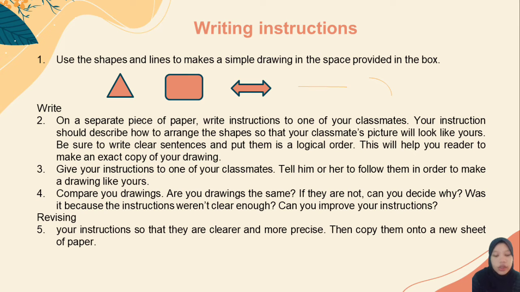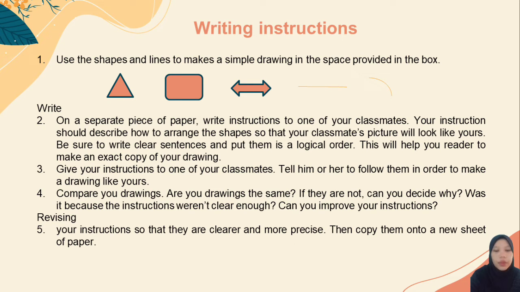Be sure to write clear sentences and put them in a logical order. This will help your reader to make an exact copy of your drawing. 3. Give your instructions to one of your classmates. Tell him or her to follow them in order to make a drawing like yours.